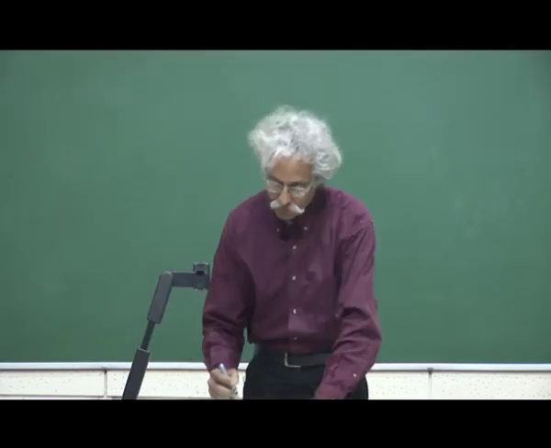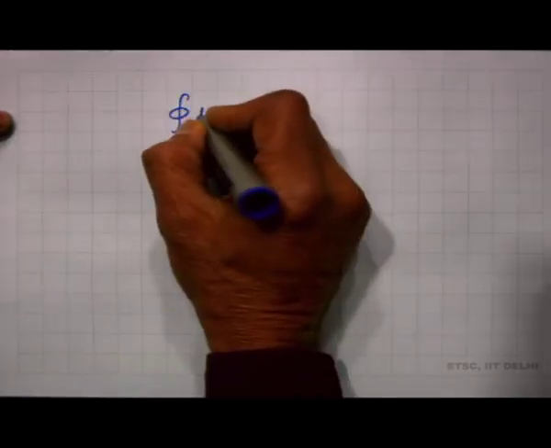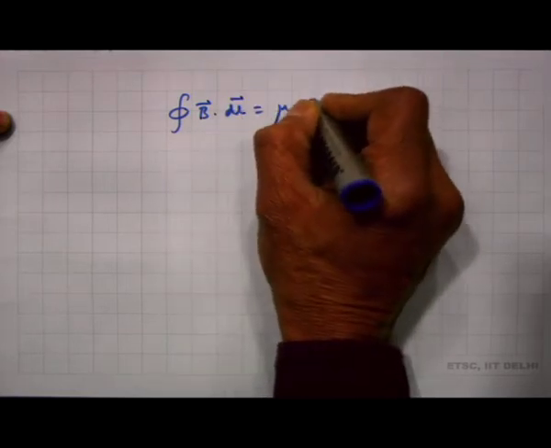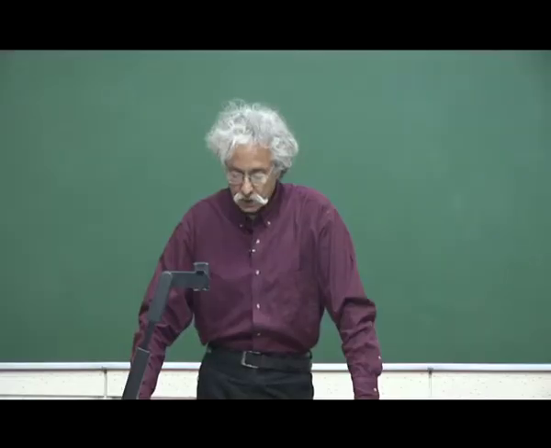So, we showed that Ampere's law in this form, which we had obtained before and used for calculation of magnetic fields produced by currents, has some problem, some inconsistency.